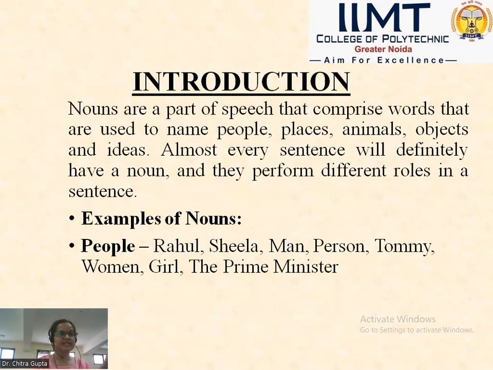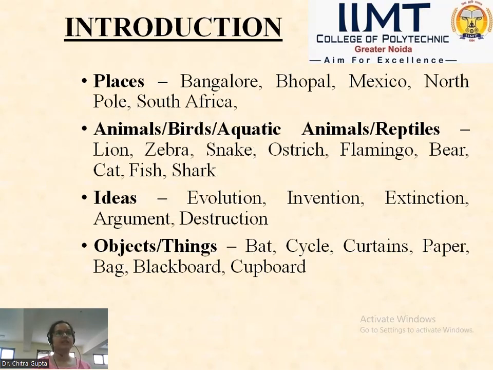Now, we can see examples of nouns. Related to people: Rahul, Sheila, man, person, Tommy, women, men, girl, the prime minister, the president, and many more. For places: Bangalore, Bhopal, Mexico, North Pole, South Africa, South America, Karnataka, Kerala, and so on.